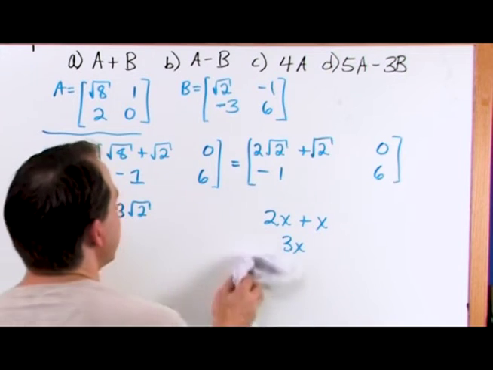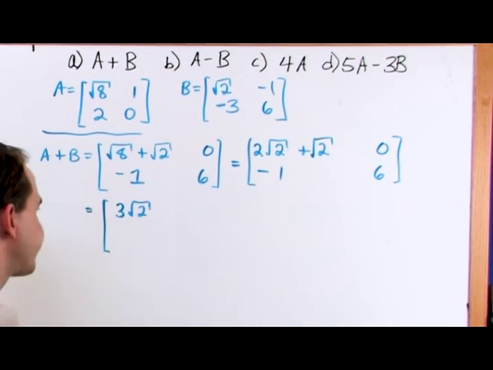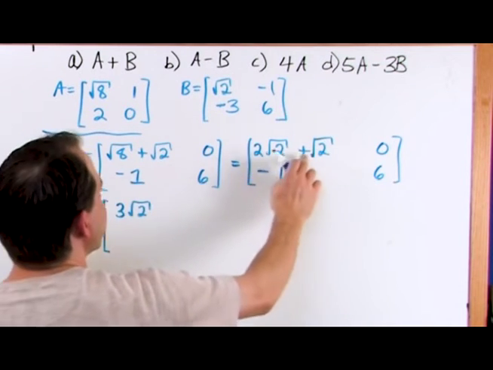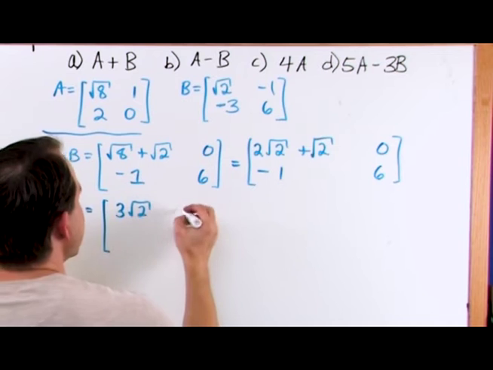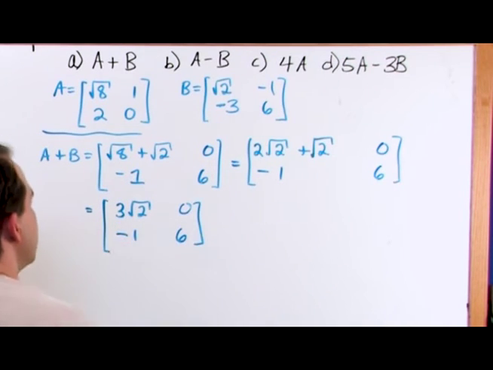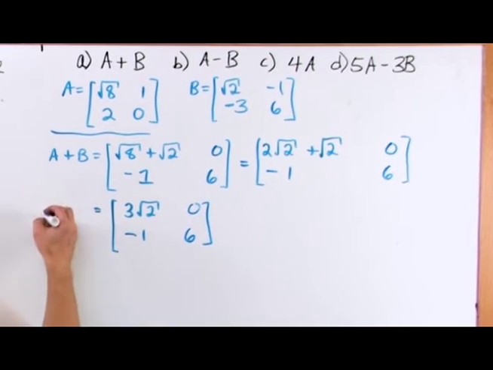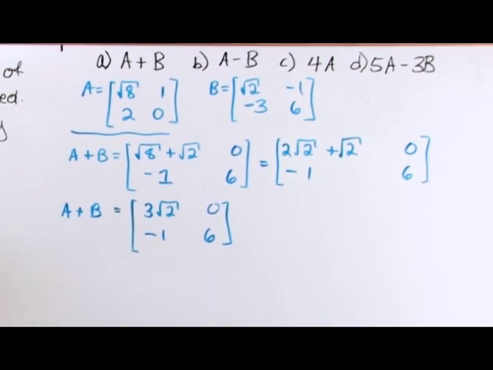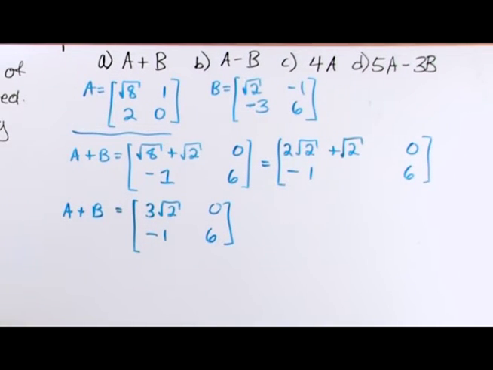So 3 times the square root of 2. That's why I wrote this like this, so I could add them together. And then finally I have 0, and then negative 1, and then 6. And that's the answer there. So that's what A plus B would look like: 3 times the square root of 2, 0, negative 1, and 6.